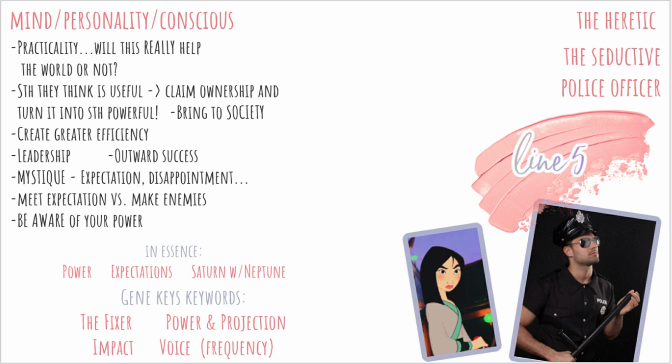So the reason why a fifth line is called the heretic in human design, and the reason why it's associated with Mulan pretending to be a man, is because there's a big projection field around a fifth line, whether they realize it or not. This is coming through their aura. The projection field of a fifth line person means that people see something within them that may or may not really be there.